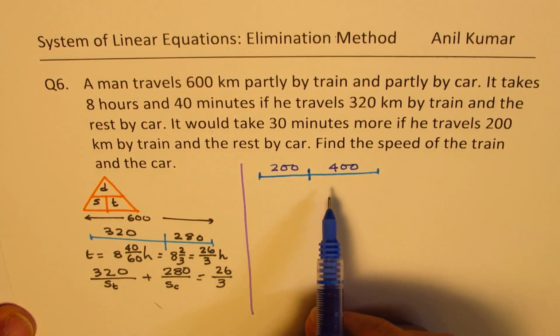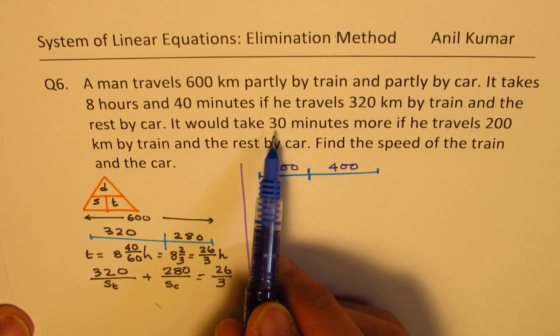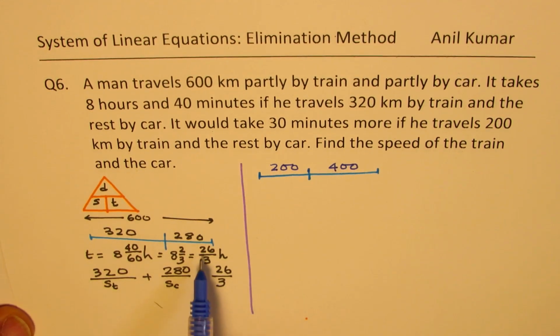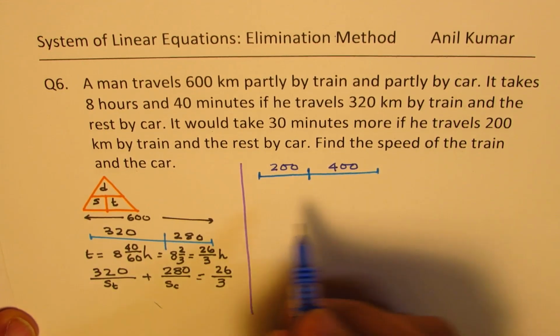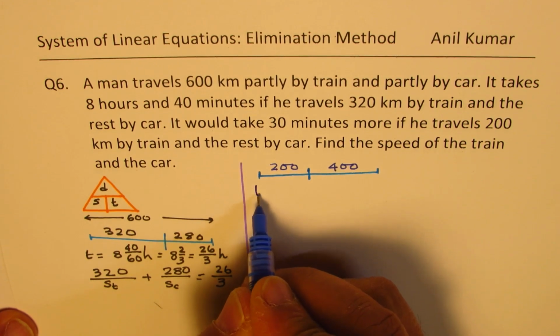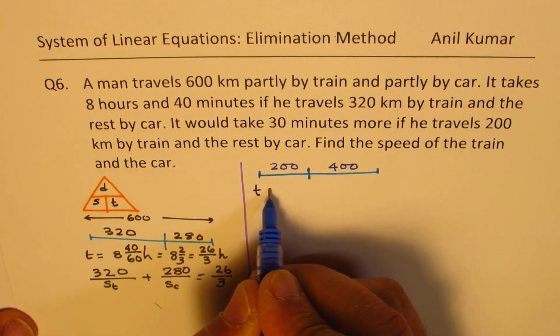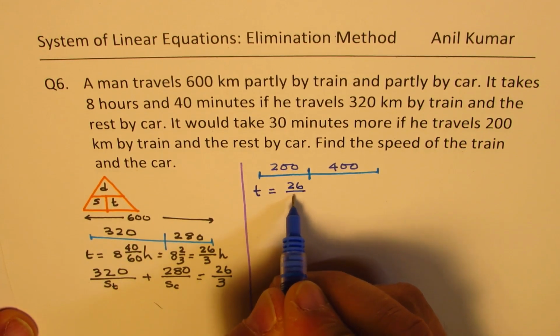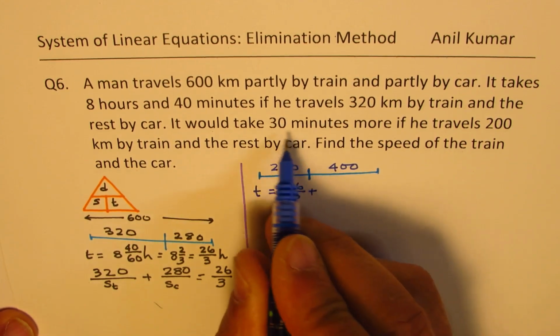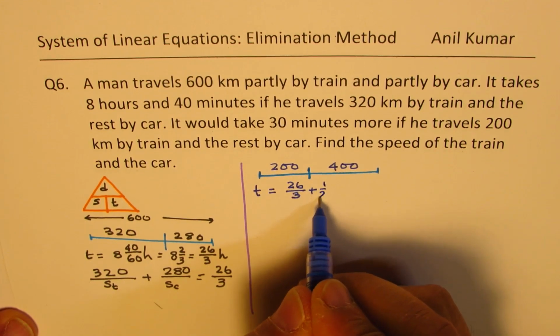Now, in this case, we need to find time. Time is 30 minutes more than 26 over 3 hours. 30 minutes means half an hour more, correct? So this time is equal to 26 over 3, which was last time's time, plus half an hour. Is that clear to you?